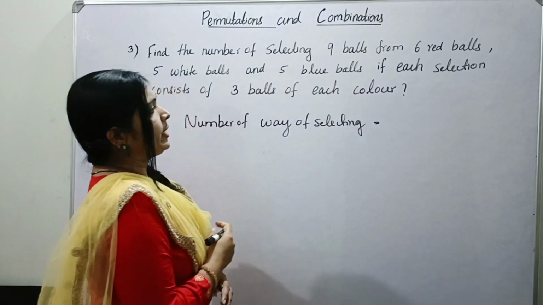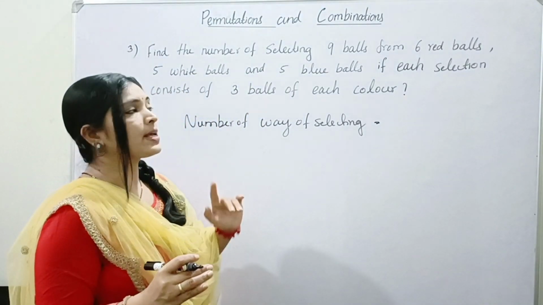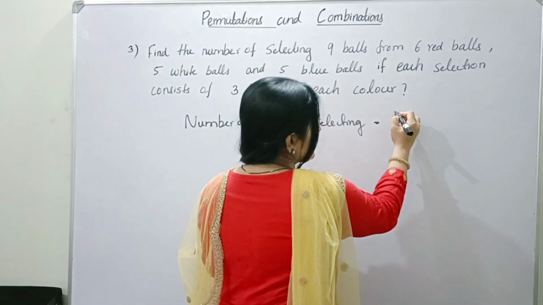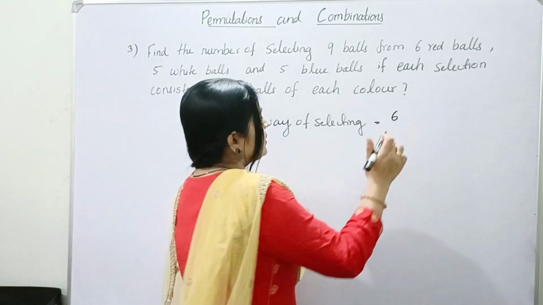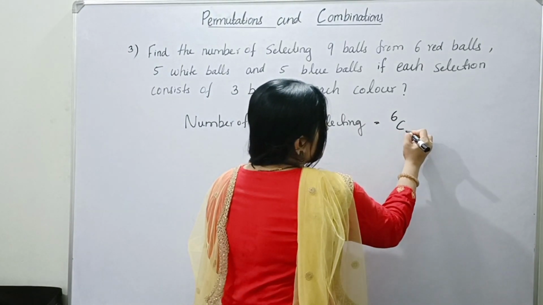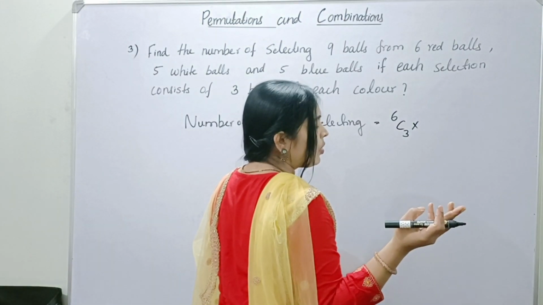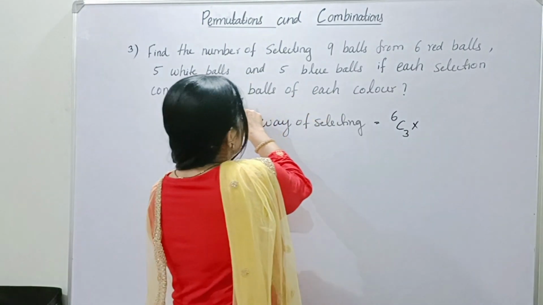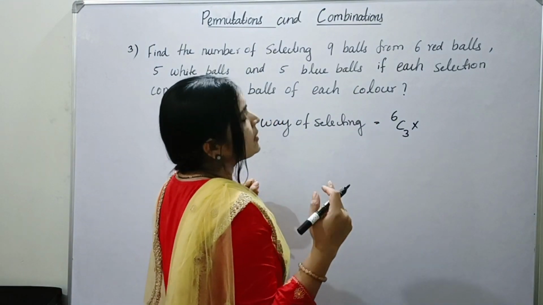First we will select 3 red balls out of 6 red balls. Total we have to select 9 balls, so 6C3 into, because it is mentioned 3 balls of each color, so 3 red, 3 white and 3 blue.